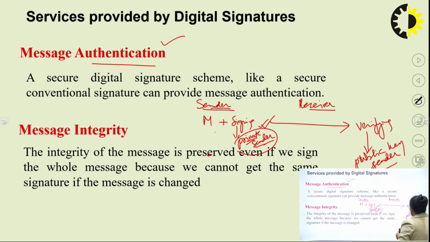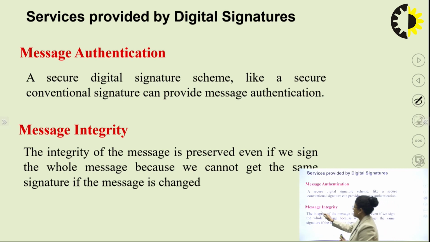This public key will be known to everybody. So anyone who gets this message will be able to verify it, because the public key is visible to everybody. But signing can only be done by the sender, no one else, because the private key is the only one which the sender has. So by this concept, we are ensuring that authentication is being satisfied.